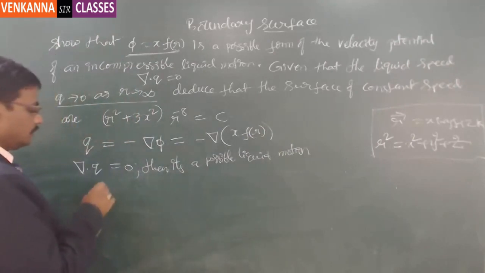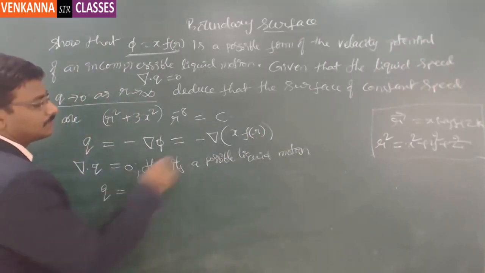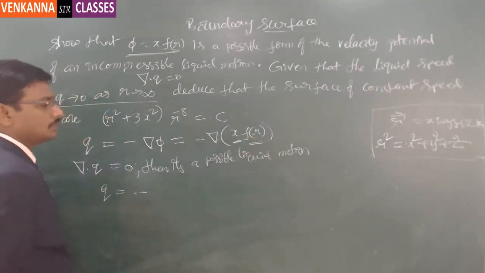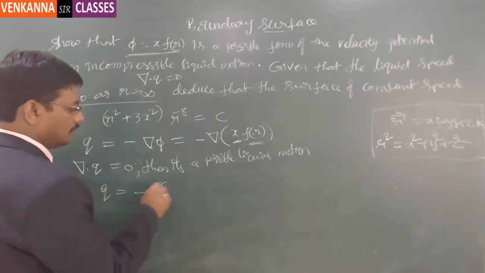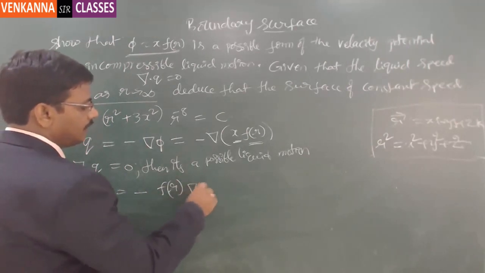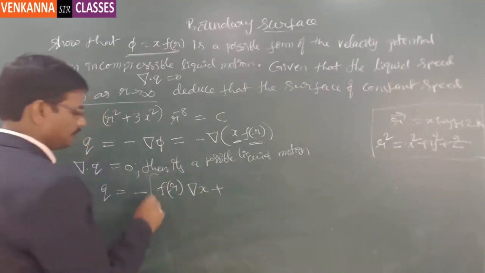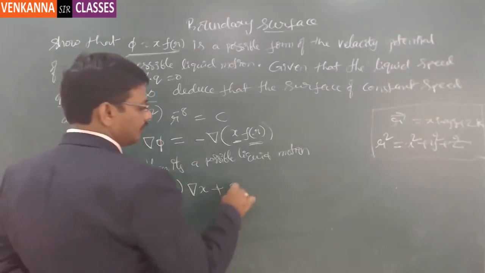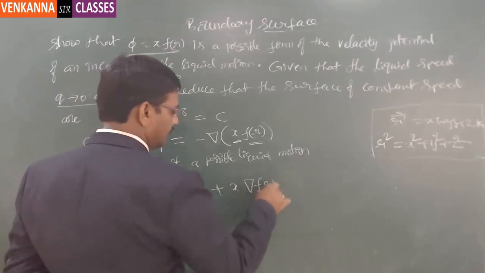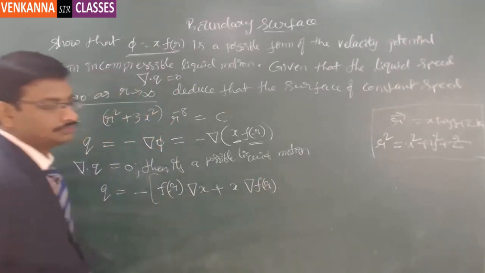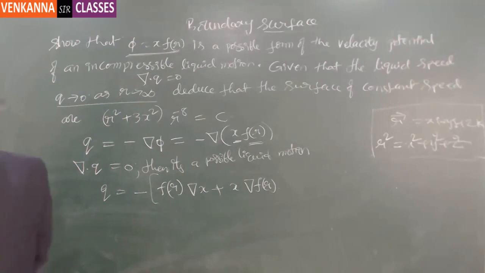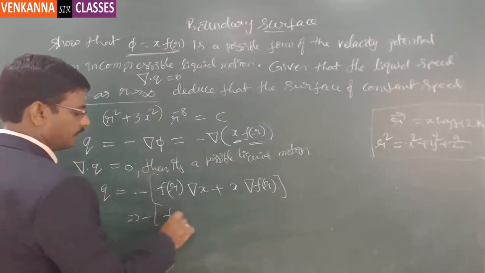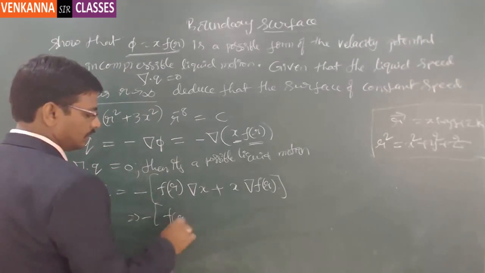So it implies q is equal to minus, apply the UV formula: f of r into del x plus x into del of f of r. So what is del x value?